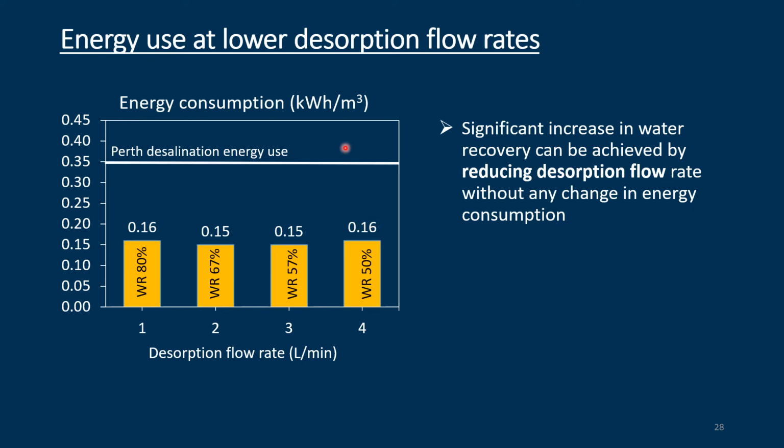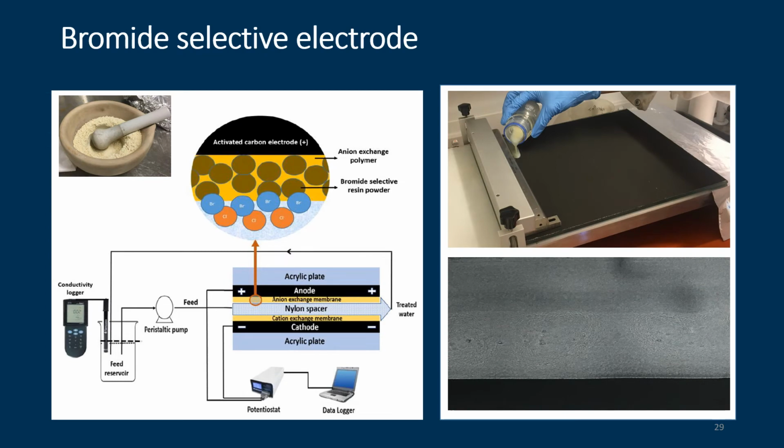So it definitely reduced the overall energy consumption at the low desorption flow rate. And to improve the overall selectivity for bromide, we have developed bromide selective electrodes.